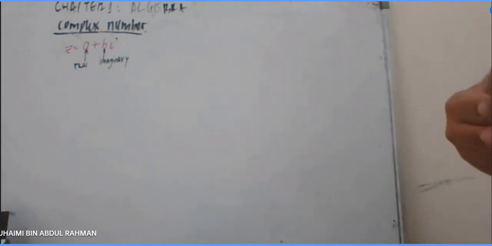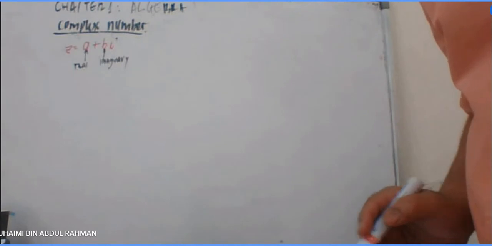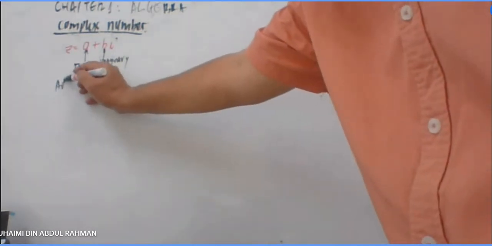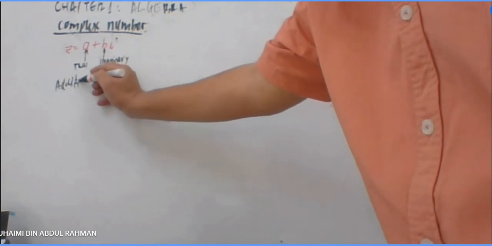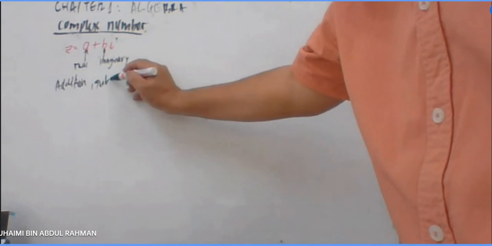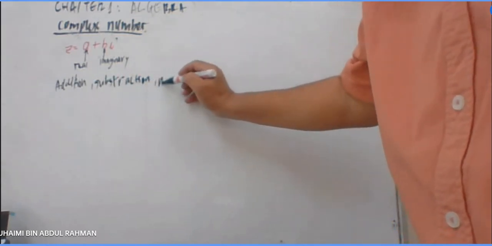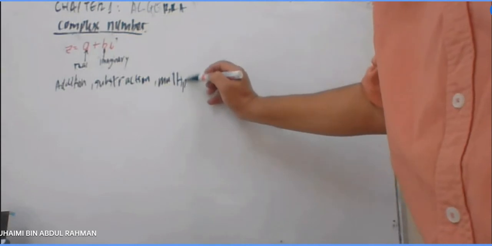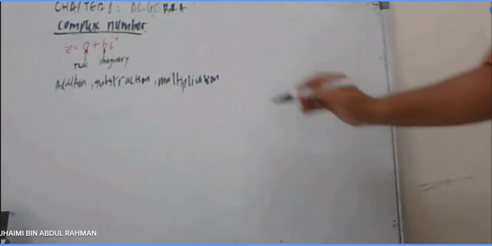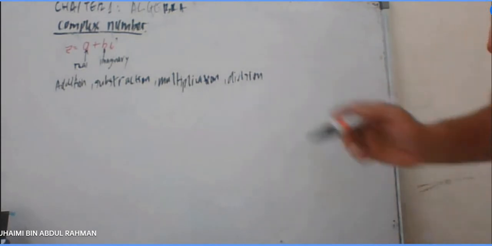For complex numbers, we can perform the operations like what we can perform for real numbers. We can perform operations of addition, subtraction, multiplication, and also division.